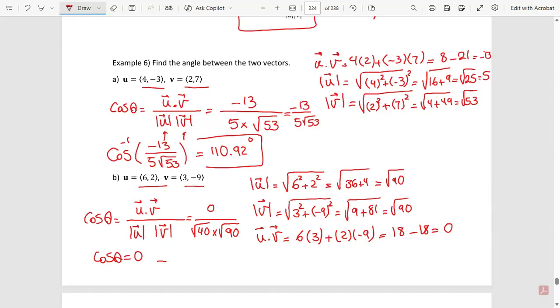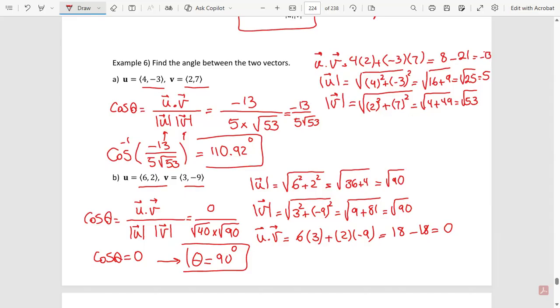Now, what is the angle whose cosine is 0? It's 90 degrees. Every time you see that the dot product is equal to 0, remember that the angle between the vectors is 90 degrees, or you can say that the vectors are perpendicular to each other.